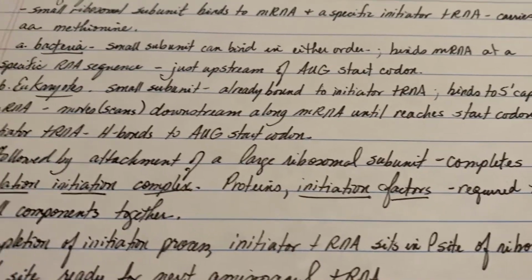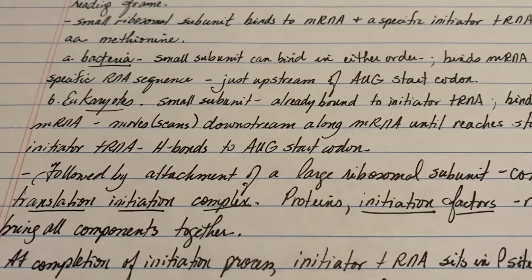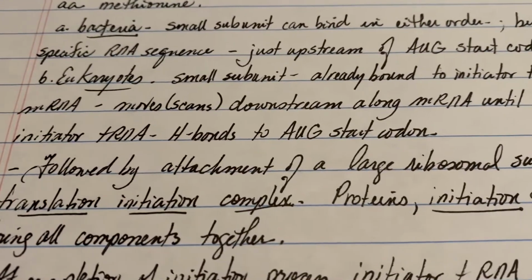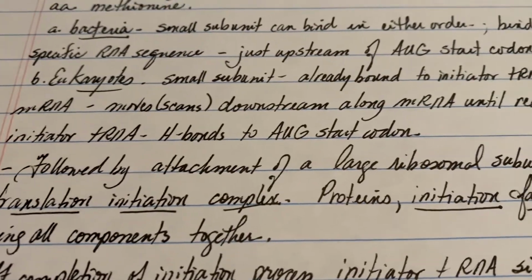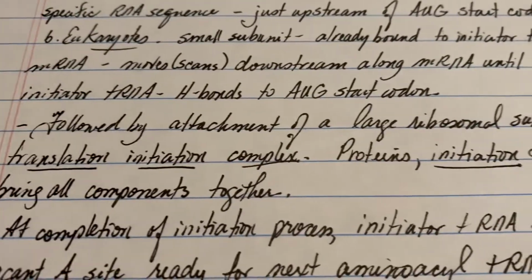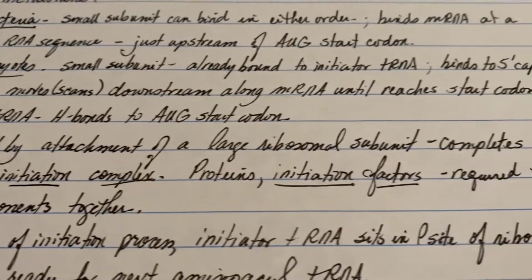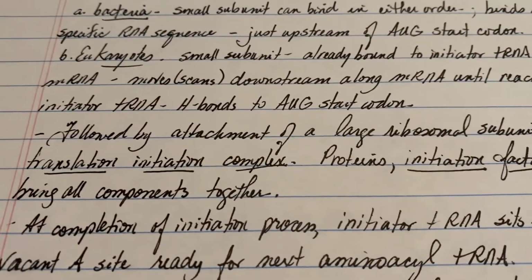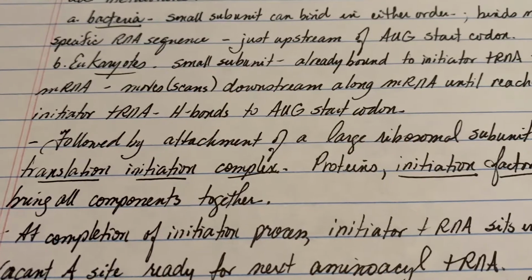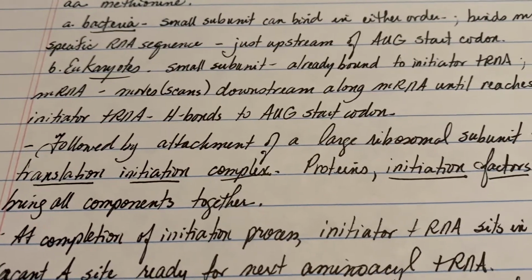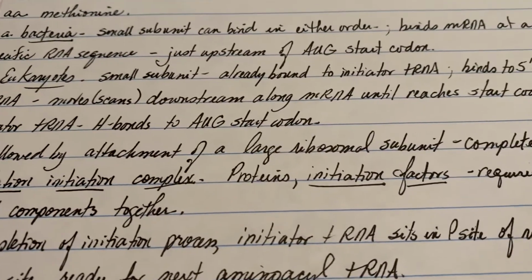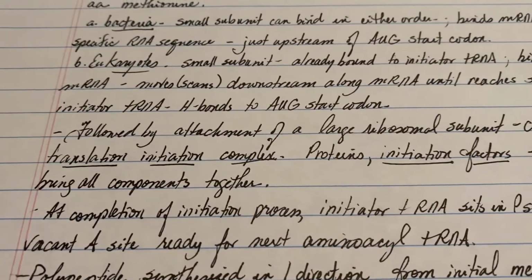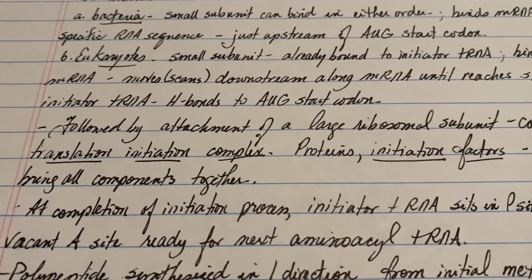At that start codon, the initiator transfer RNA will hydrogen bond to the AUG start codon. This is followed by the attachment of the large ribosomal subunit, which completes what we call the translation initiation complex. Proteins called initiation factors are required to bring all of these components together.